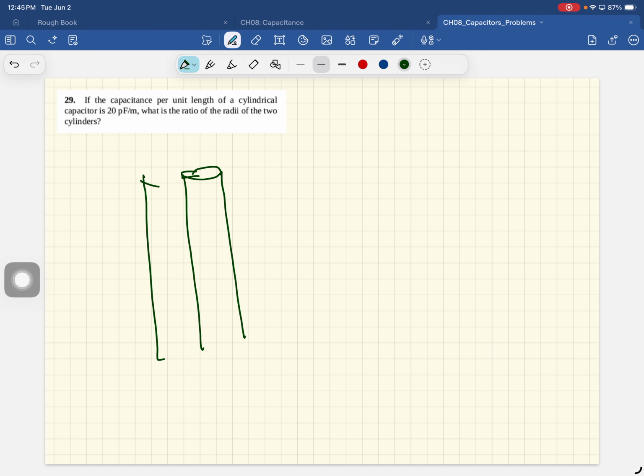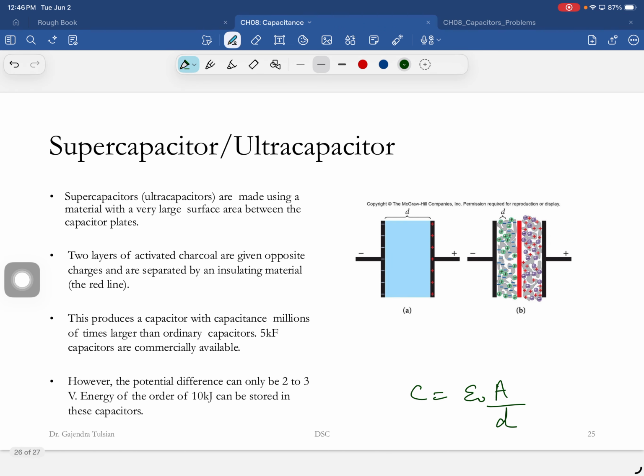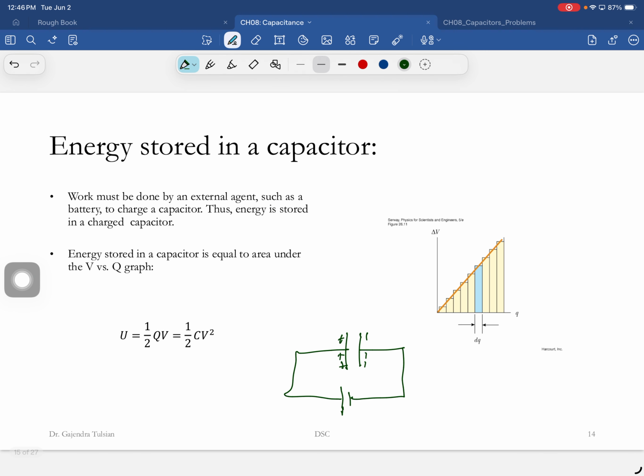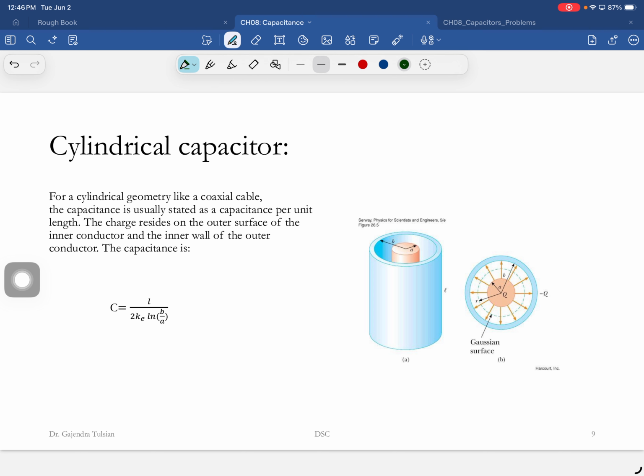So this was the initial charge and initial voltage, and the final charge is initial minus, let's say this much charge leaks out, and the voltage is initial voltage minus 100 volts, and the capacitance remains the same. So this is equal to Q initial.